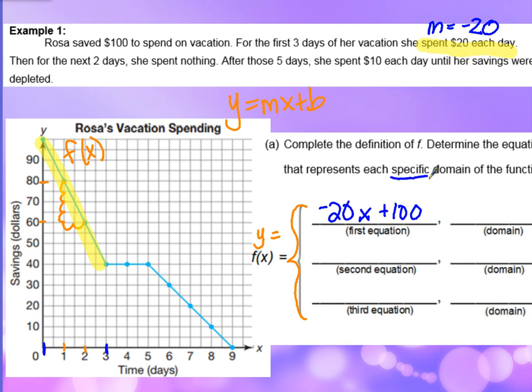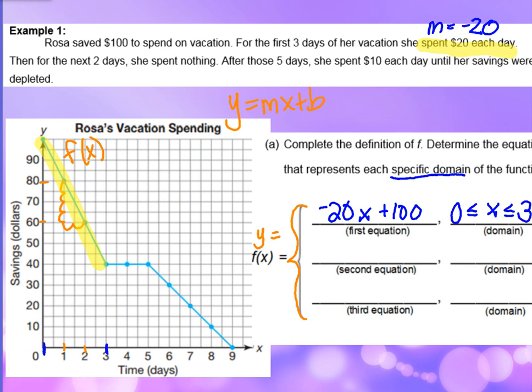We're always going to specify our domains as an inequality. So we have that it starts at 0 and it's going until and including where x is 3. So this linear function occurs where x is 0 to only where x is 3.